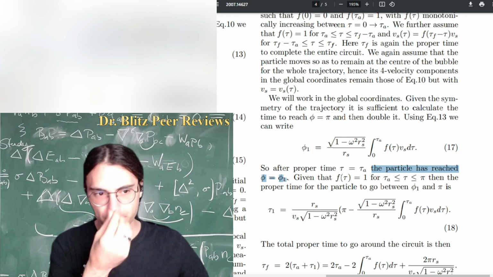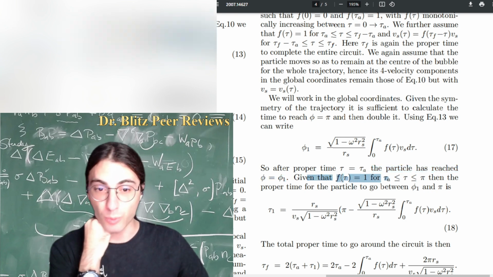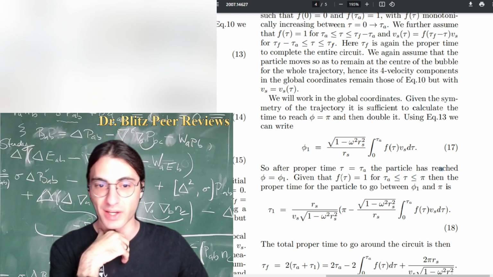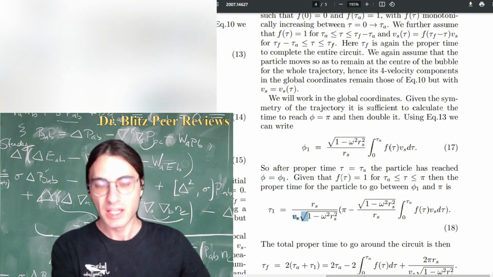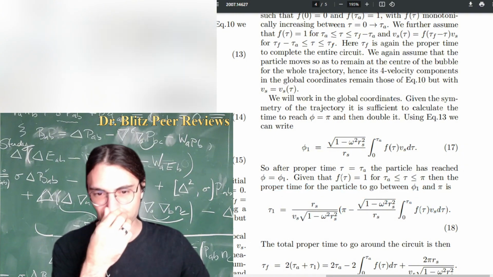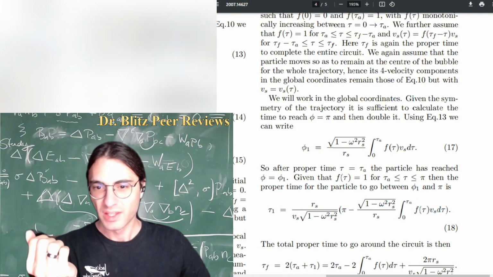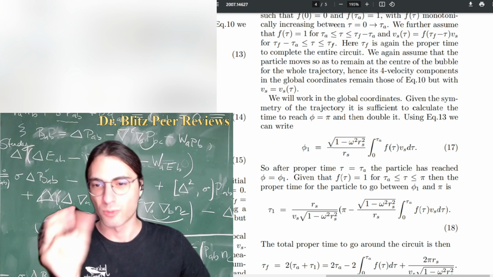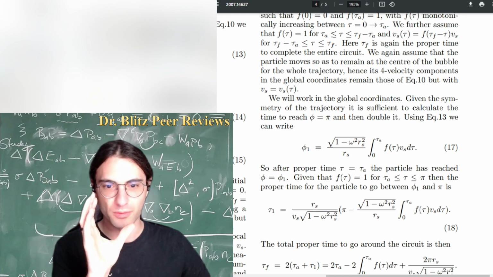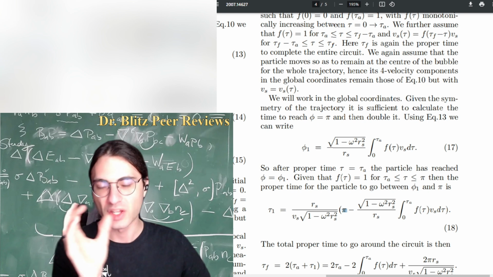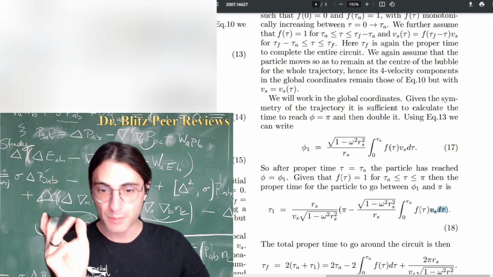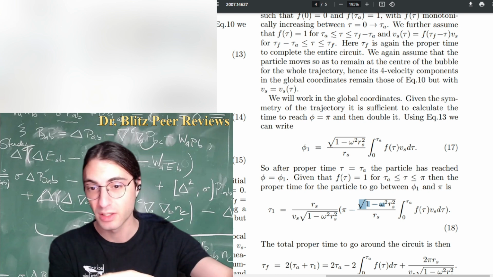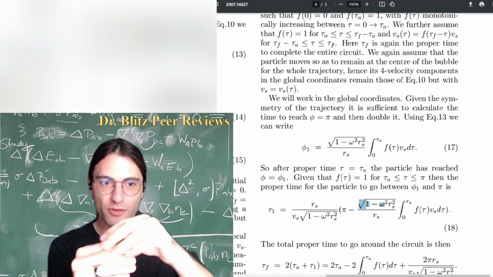Exactly. Okay. Given that f of tau equals 1, for tau sub a less than or equal to tau less than or equal to pi, then the proper time for the particle to go between phi sub 1 and pi is then just this. So they're just subtracting off the amount of proper time it took to get up to max speed from the amount of time it would have taken to get there from max speed.